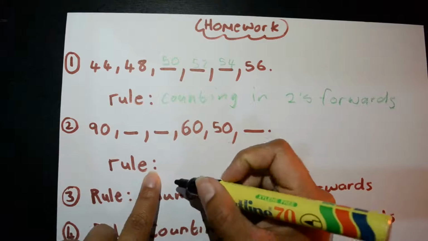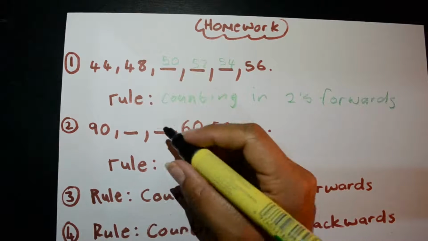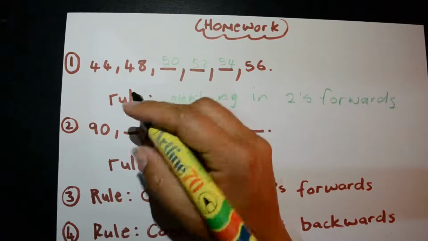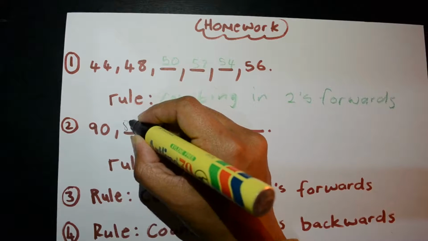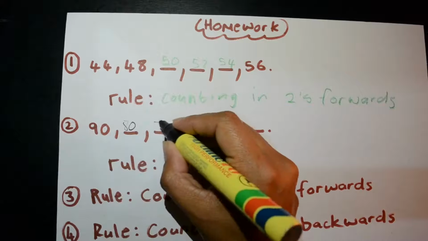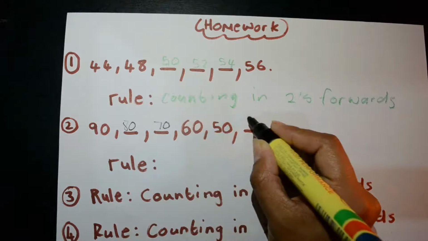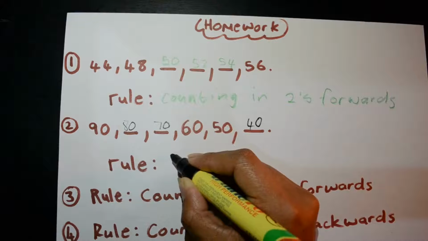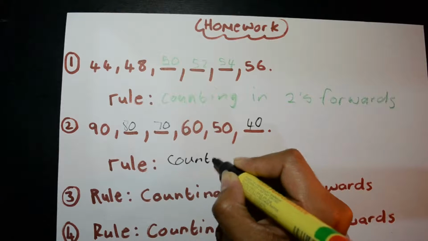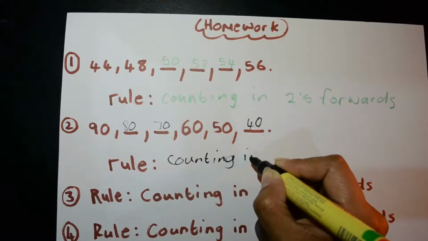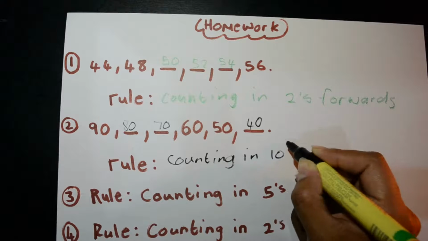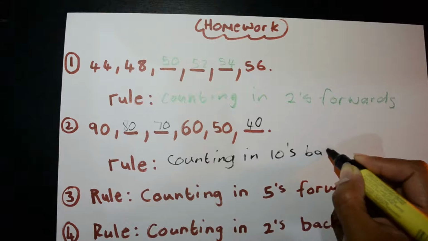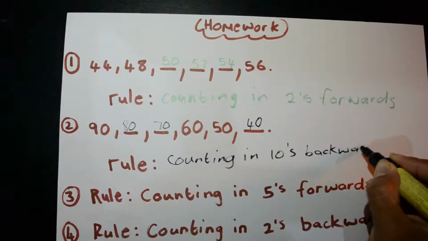That means it's going backwards, and it's counting in tens. So that's 80, 90, 80, 70, 60, 50, 40, and that's counting in tens backwards.